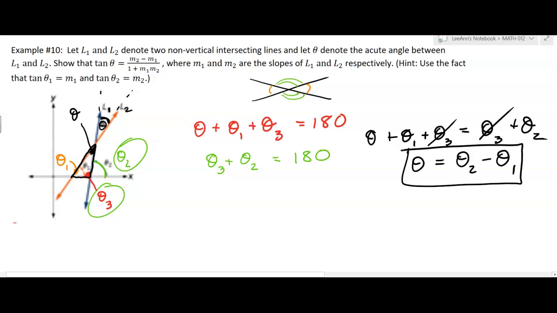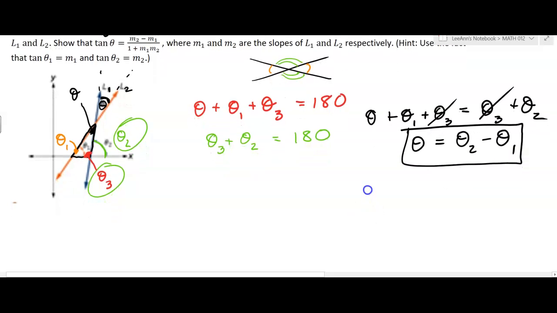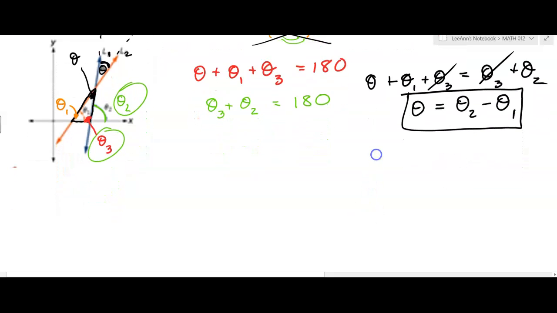Okay, why? I'm trying to find the tangent of theta. So now I know theta is theta sub 2 minus theta sub 1. Now I can use my tangent formula. Tangent theta is going to equal tangent of theta sub 2 minus theta sub 1.